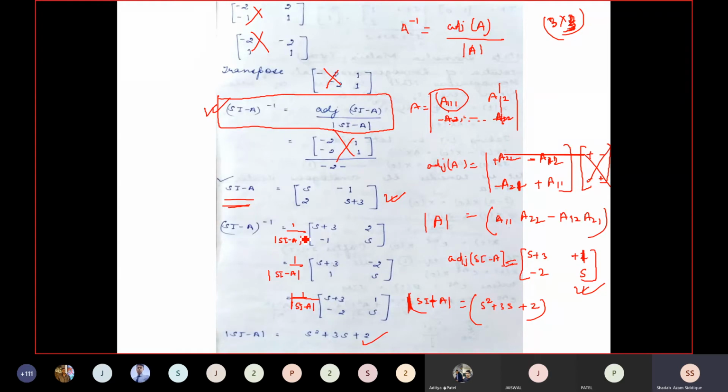But see, if the question is asked for 4 marks, any shortcut method.